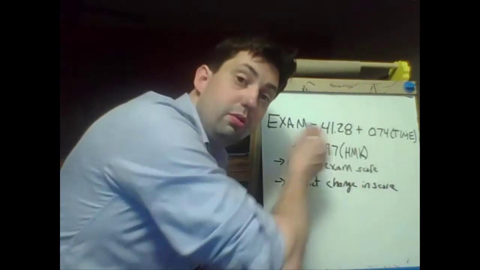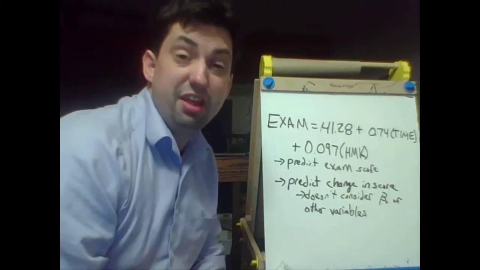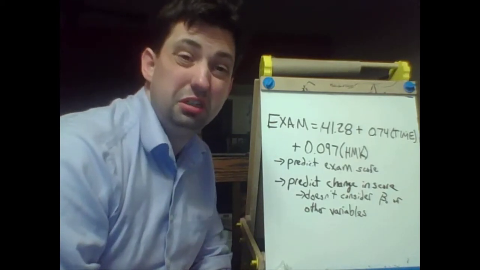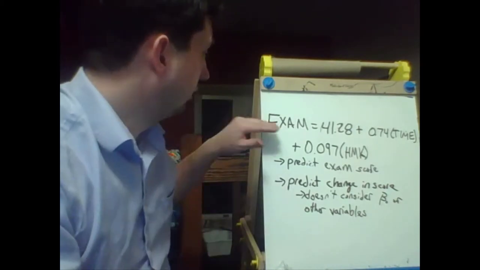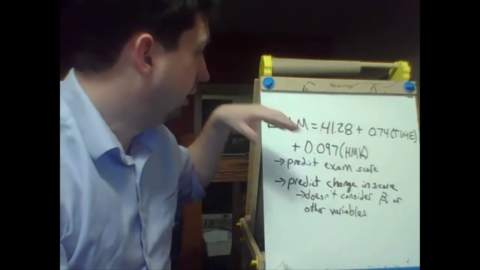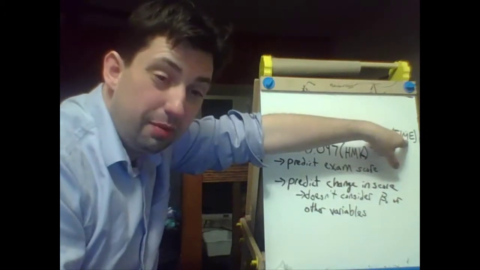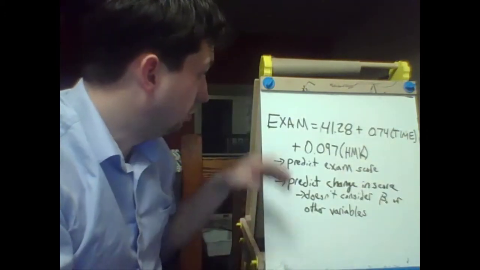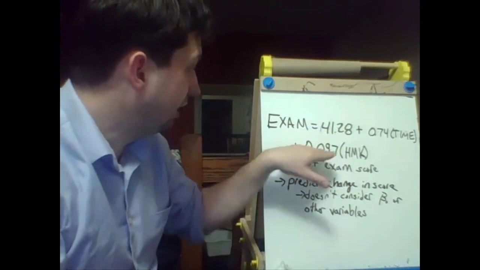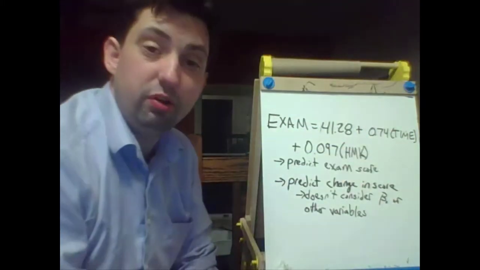The other variable does not come into play at all, because mathematically they would cancel. The exam score before, exam score after. The only thing that's different then would be time before, time after. And so when you subtract one from the other, the intercepts cancel, the homeworks cancel, and the only thing that's left is change in time times 0.74.